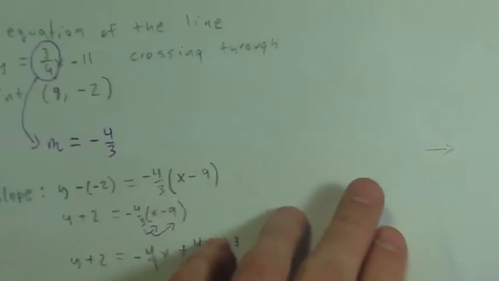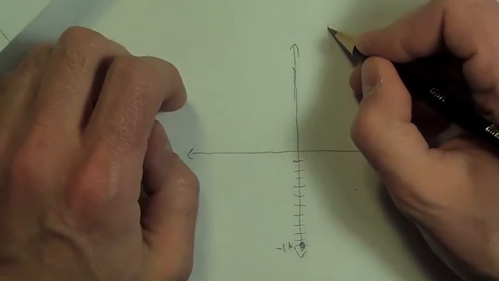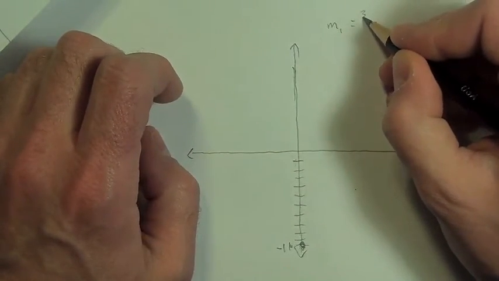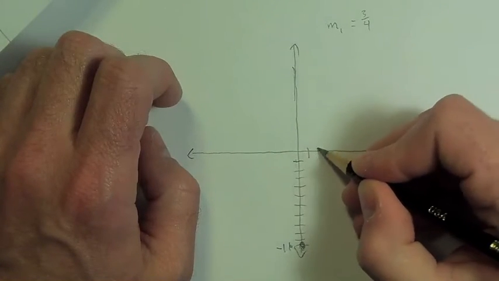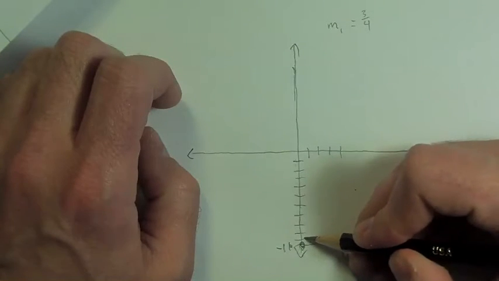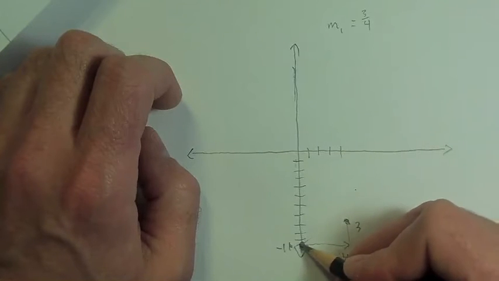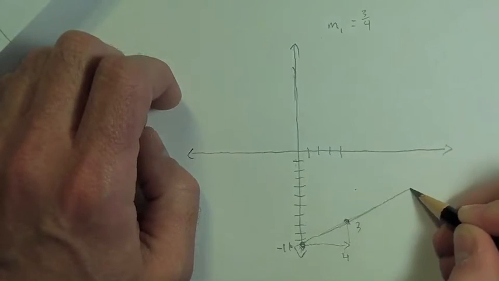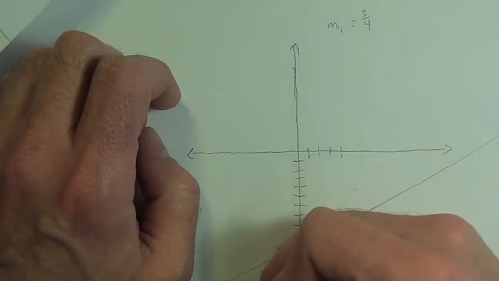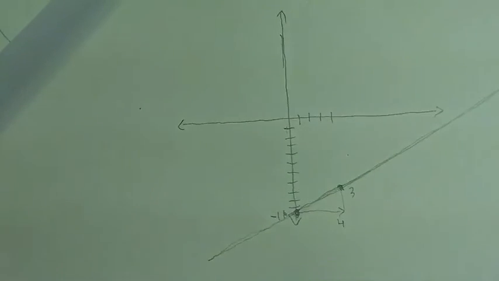And the slope is, sorry, I said that wrong, 3/4. So when we go out 4, 1, 2, 3, 4, we go up 3, 1, 2, 3. So we get a line that looks like this. Okay, you can see that.